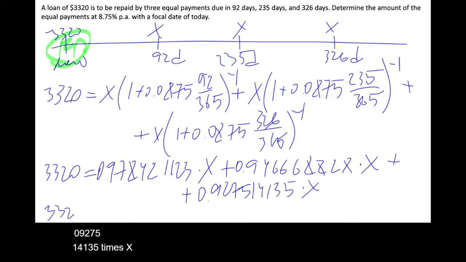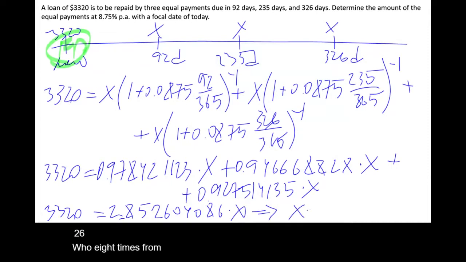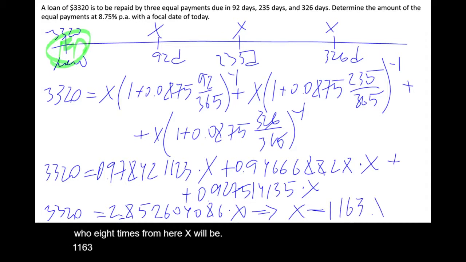So 3320 equals 285.2604086 times x. From here, x will be 1,163.85. That is the answer.